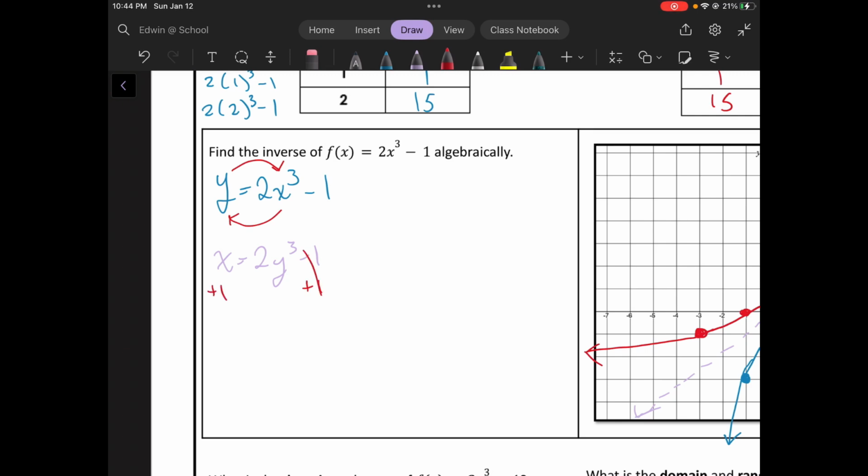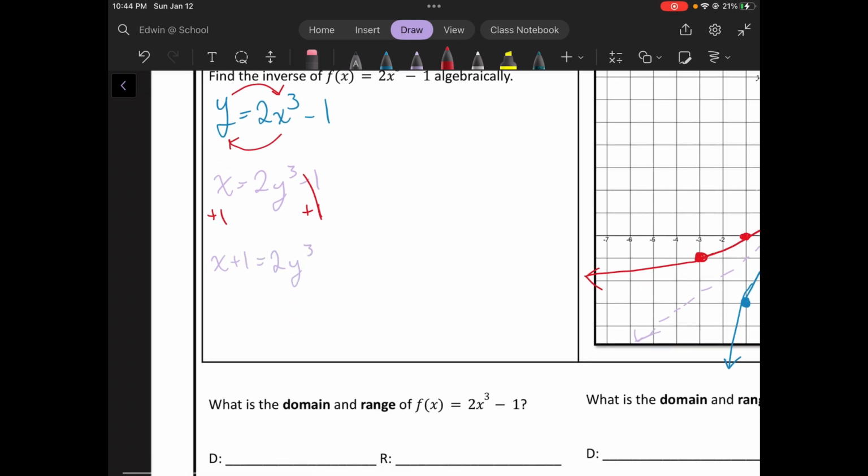So what we're going to do is add 1 to both sides. We're going to end up with x plus 1 is equal to 2y cubed. We have 2 times y cubed, so we have to divide by 2 on both sides, giving us an equation like this: y cubed is equal to 1/2 times (x plus 1).